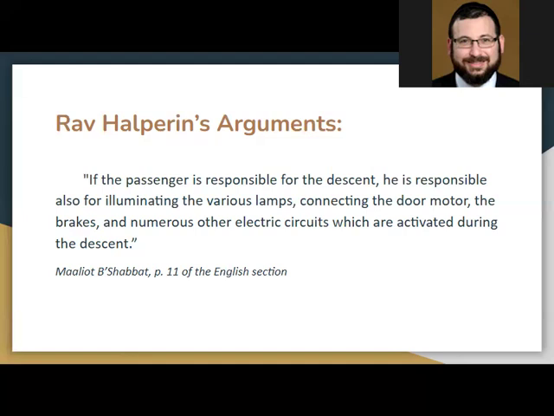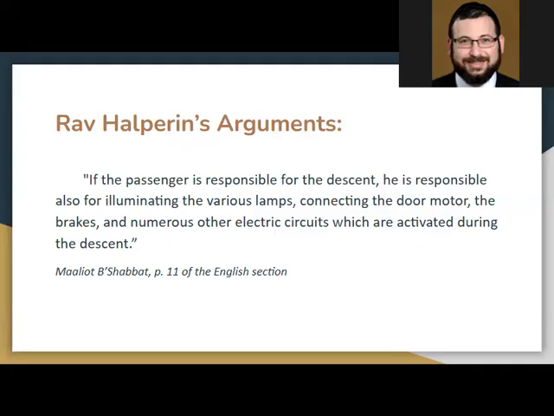So he points out that the weight of the passengers riding in the elevator assists the elevator's motor in the descent of the elevator. And this is what he writes. If the passenger is responsible for the descent, then it's not just the elevator's movement that he becomes responsible for, but he's responsible also for every aspect of how the elevator is operating.